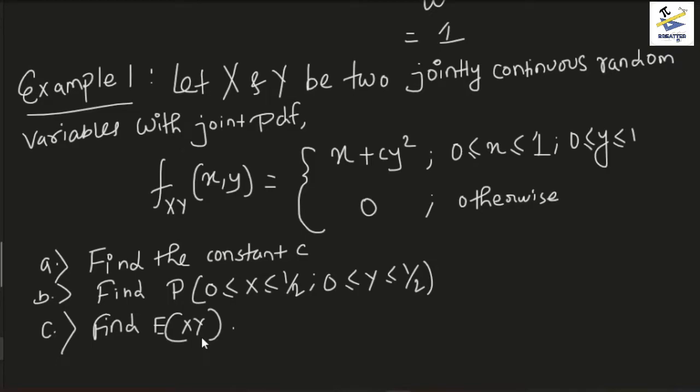So it's given that x and y are two jointly continuous random variables. So it means that x and y are random variables and they are jointly continuous. So they are associated with each other and they have a common PDF. So that joint PDF is basically f of x comma y, which is a multivariate function. And when x and y both lie in the range 0 to 1 inclusive, we have the PDF as x plus cy square, where c is some real number and it is 0 otherwise. So what we do understand is it is only possible inside the range where we have 0 comma 1, right?